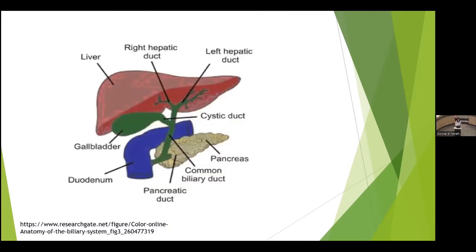So I always like to start with a little basic anatomy. A lot of us are GI folks, not a lot of us deal with ERCP, so we'll just orient you here. This is the hepatobiliary system. The large red organ is the liver. The liver drains into the bile duct.